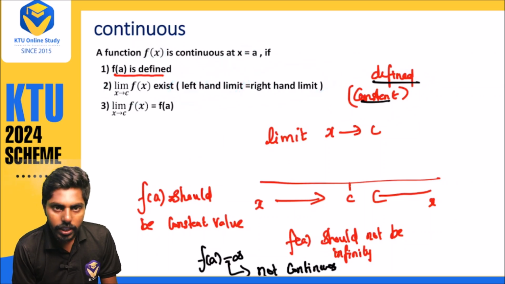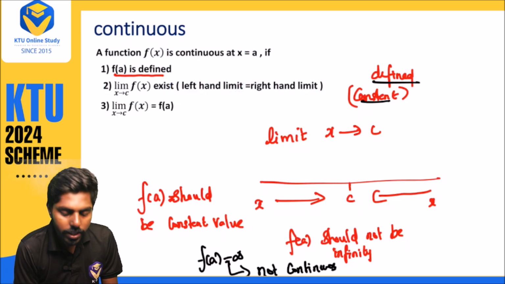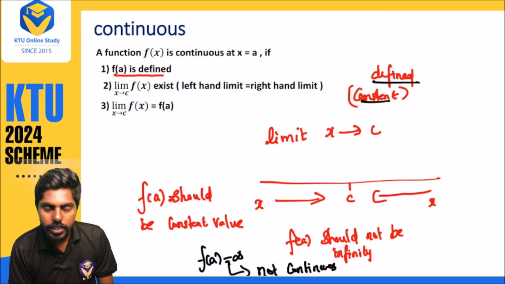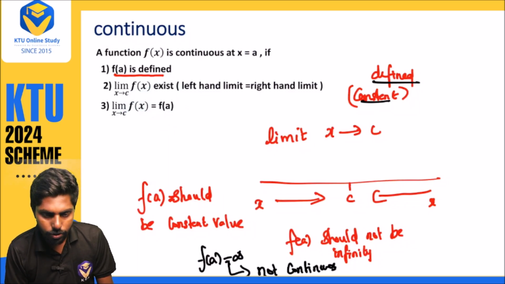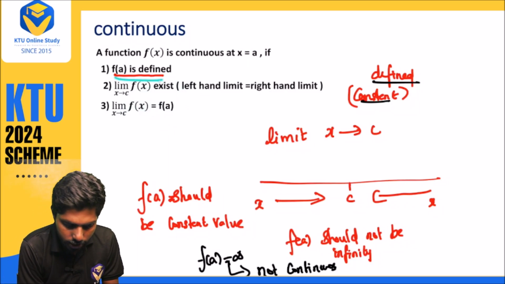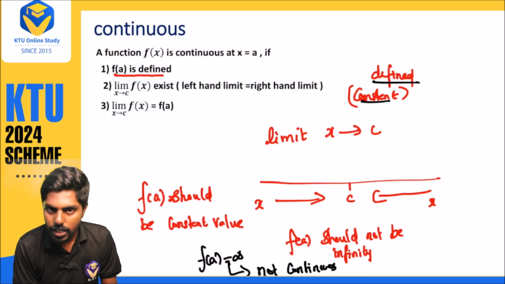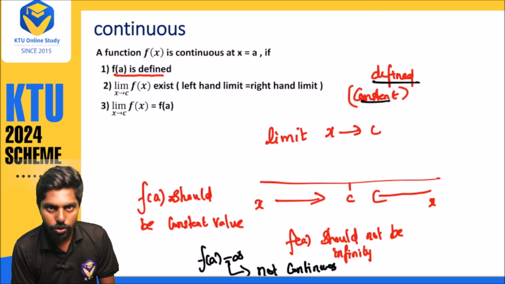The third condition is that the limit as x approaches c of f of x is equal to f of a. If these are satisfied, we can call f of x continuous. These are the basics you want to know. So the three conditions are: f of a is defined, left hand limit equals right hand limit, and the limit as x approaches c of f of x equals f of a.